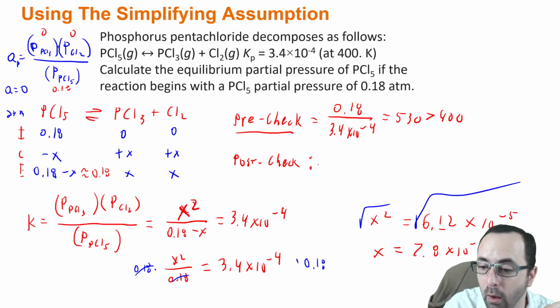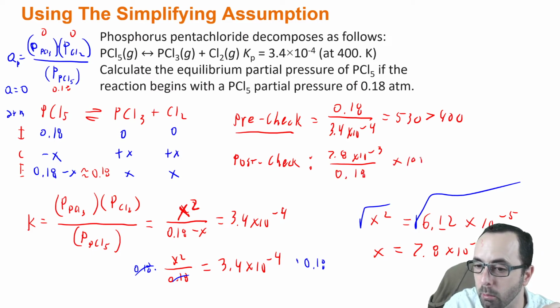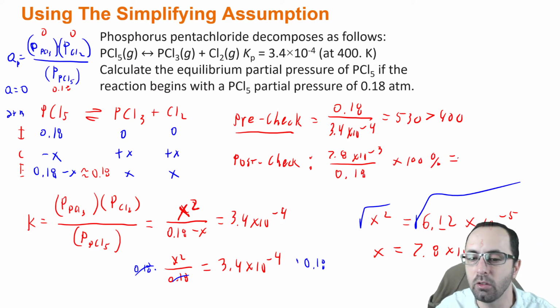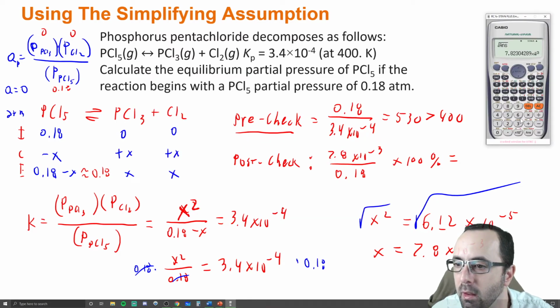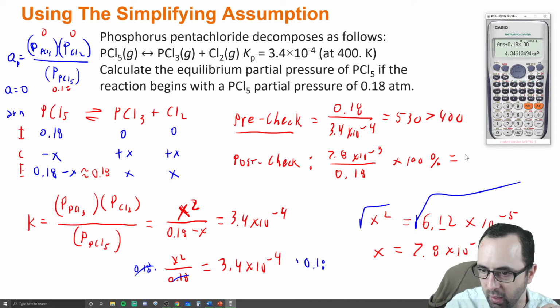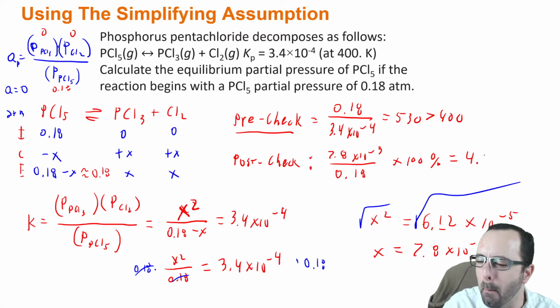So we're going to do 7.8 times 10 to the minus 3 divided by 0.18, and multiply this times 100 to make it a percentage, and we get 4.35%. So this is barely good enough.